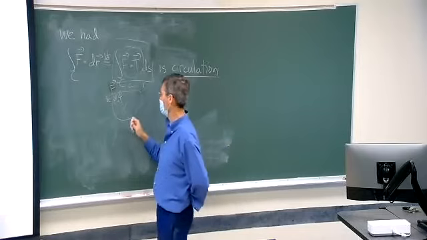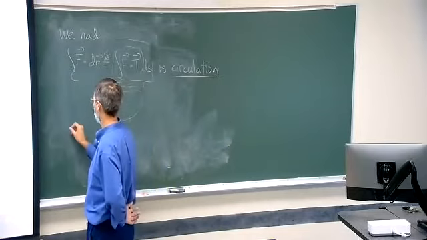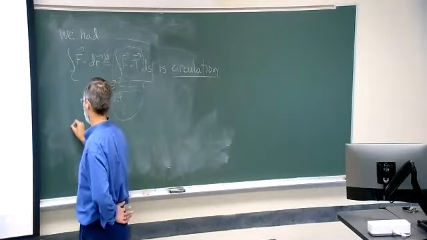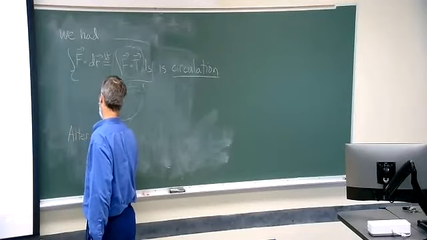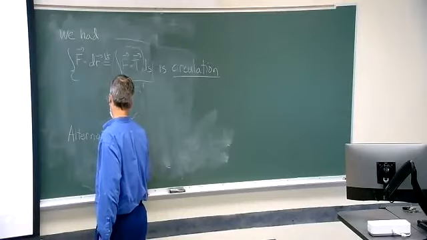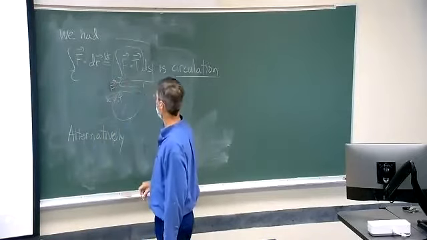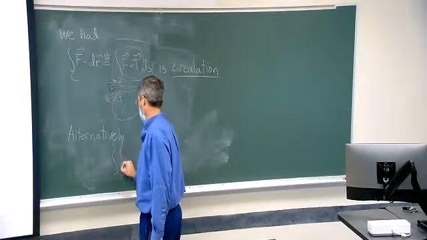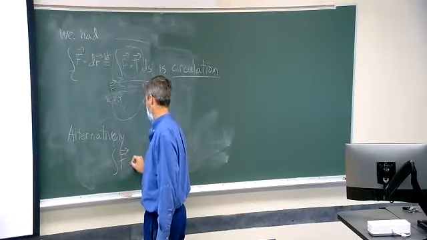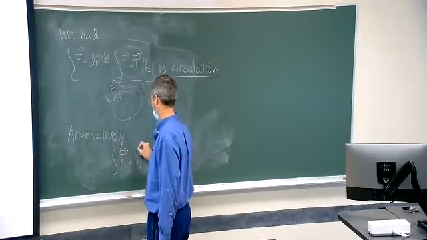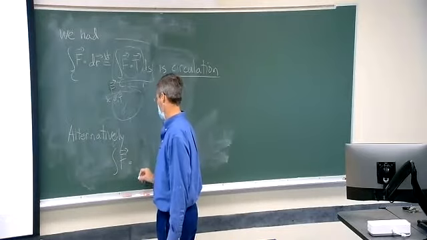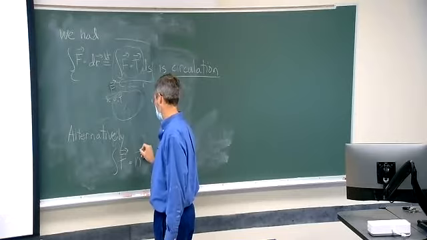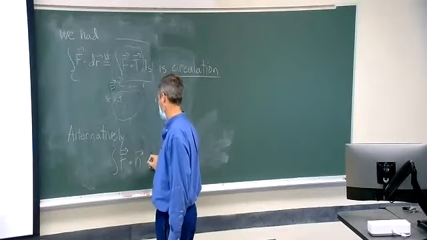Now consider instead, alternatively, suppose we were to take the integral not of F dot unit tangent ds, but F dot unit normal. We did this before for the unit normal, capital N, but sticking with the book's and lots of other books' notation, let's use little n for what we used to call big N, the unit normal.